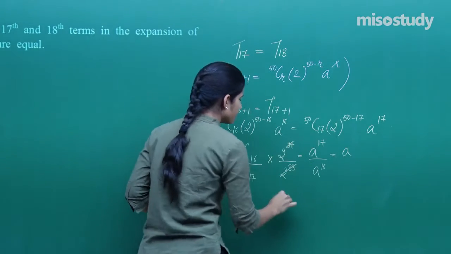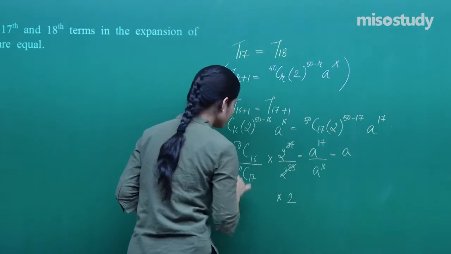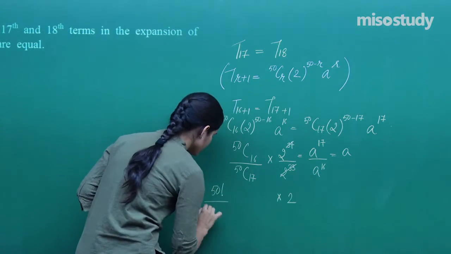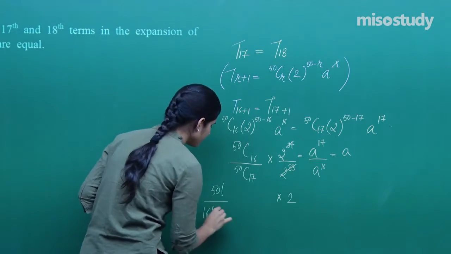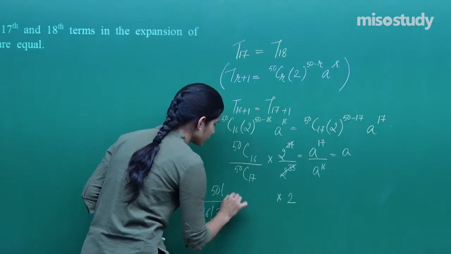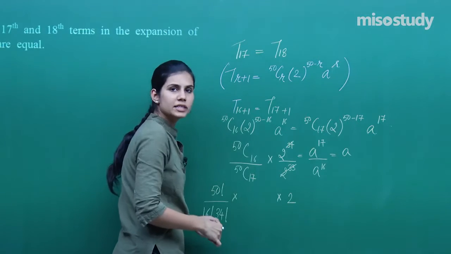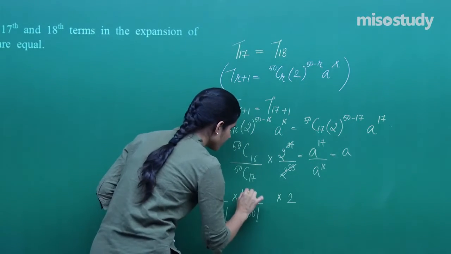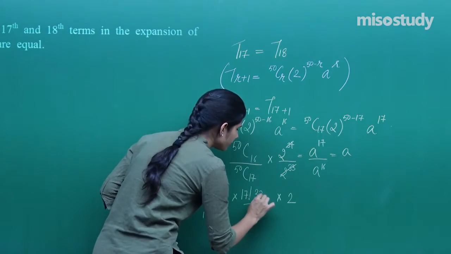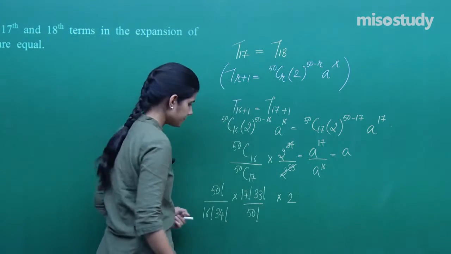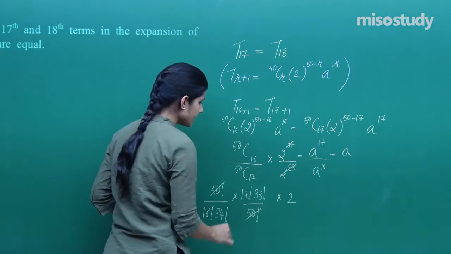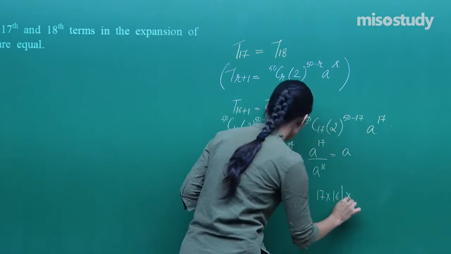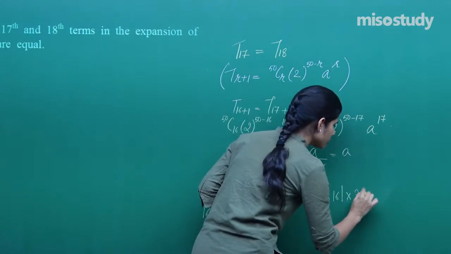From here you are just left with 1 by 2, and this gives you what? 50 factorial upon 16 factorial into (50 − 16), that is 34 factorial, and then upon 50C17, that is 50 factorial upon 17 factorial into (50 − 17) factorial. So this cancels out. 17 factorial can be written as 17 into 16 factorial. This is 33 factorial.